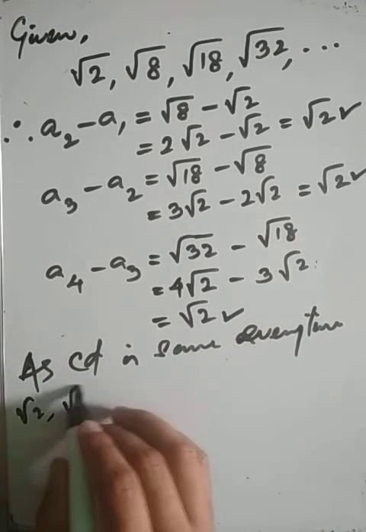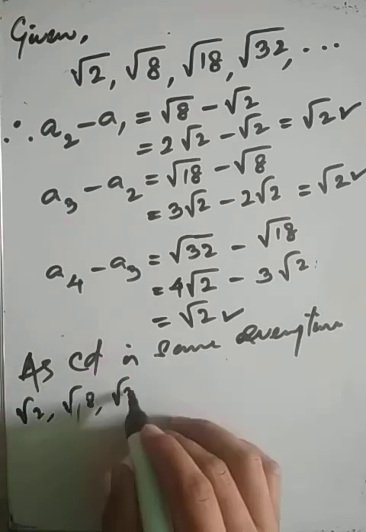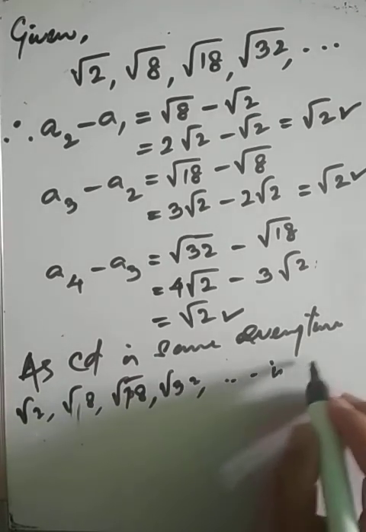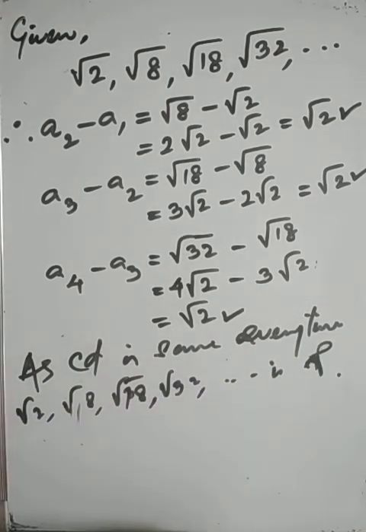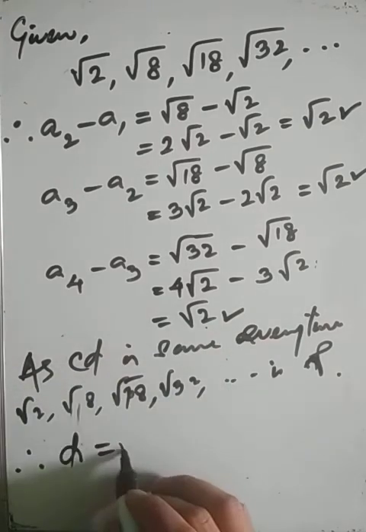So if it is an AP, we are asked to find the common difference. So therefore common difference D is root 2.